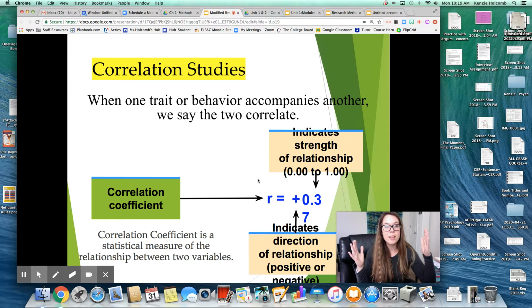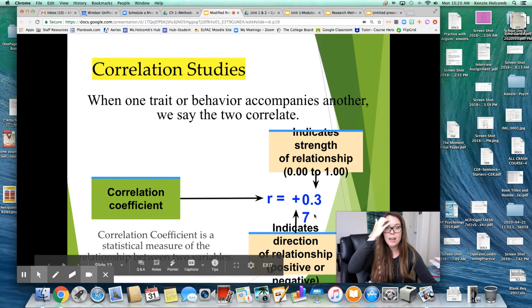If it's a strong relationship, the closer it will be to either 1 or -1. 1 is the perfect correlation, okay? Whether it's negative or positive is dictated by which way the line is going. Positive would be plus, and the minus would be negative.